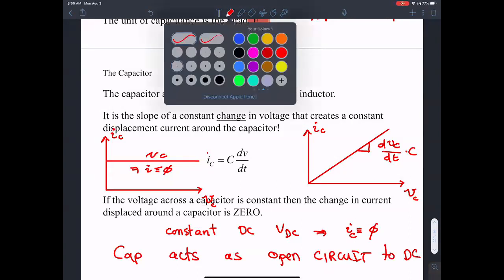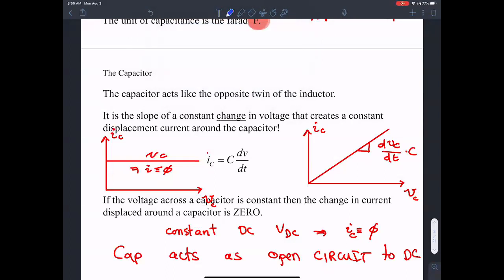Earlier I gave you a rule that said inductance acts as a short circuit to DC currents. When there's a constant DC current through an inductance, then the voltage drop is really 0.